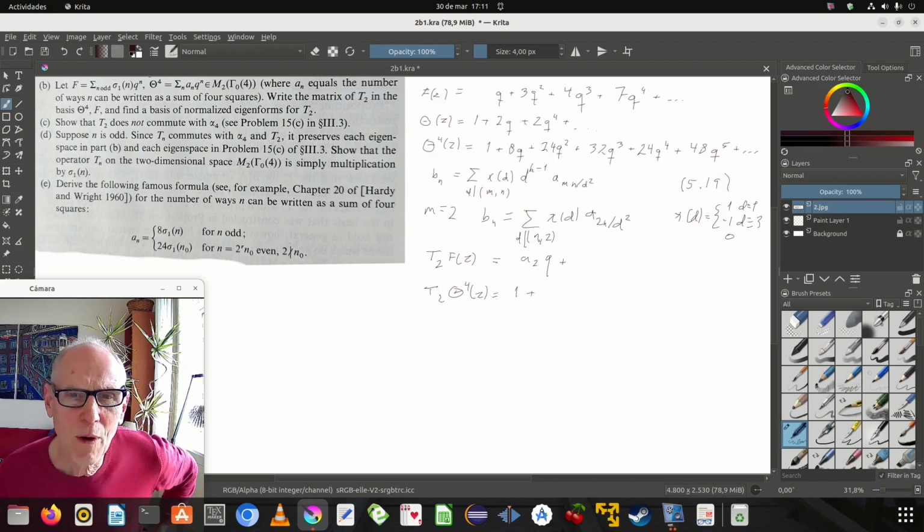And when n is 1, we only have d equals 1. 2 divided by 1, that's a 2, that's 24.